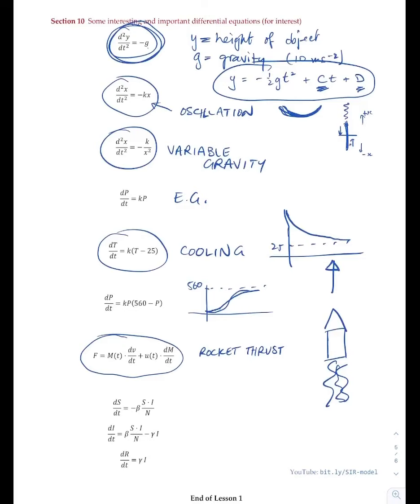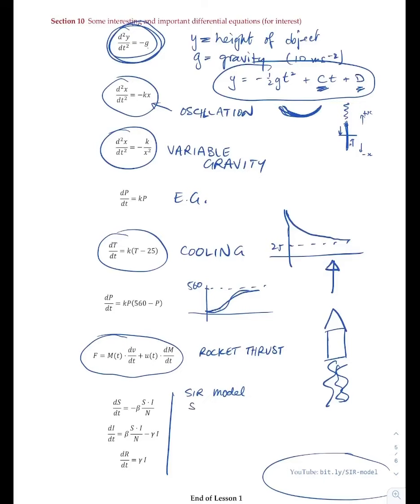And finally, this is to do with the spread of infectious diseases. It's called the SIR model. You can look at a YouTube video if you want to see more. It's really fascinating, and very much being used at the moment, of course. There are 3 differential equations.